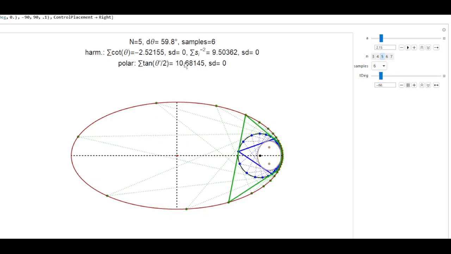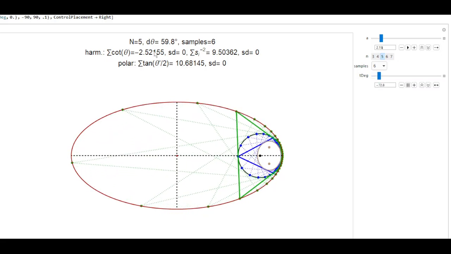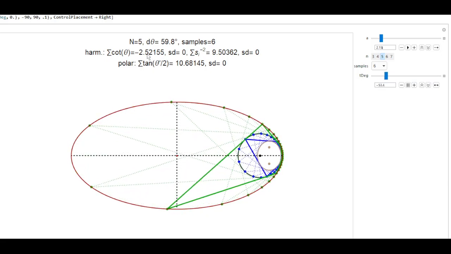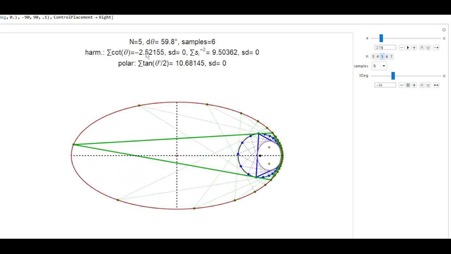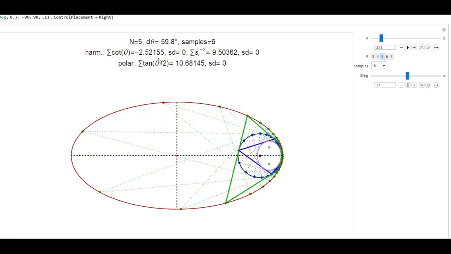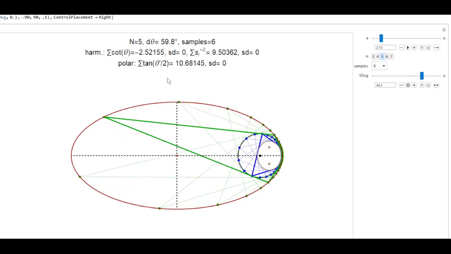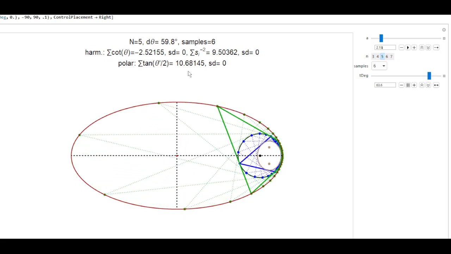We wonder if this number and that one are related somehow by a constant. If I multiply this guy by 4, you get roughly 10 and then 4. It doesn't look like it's exactly a constant, but this is just showing that for n equals 5, the green family also conserves the sum of half tangents.